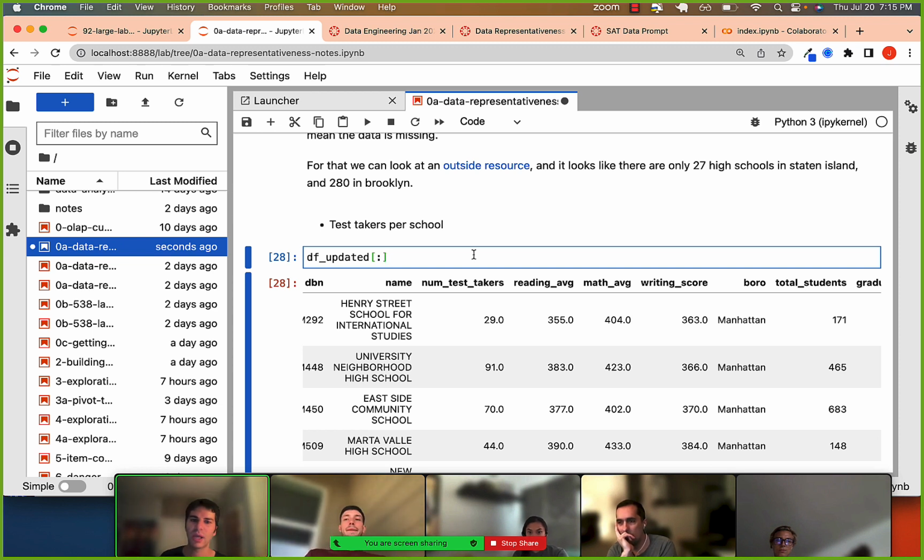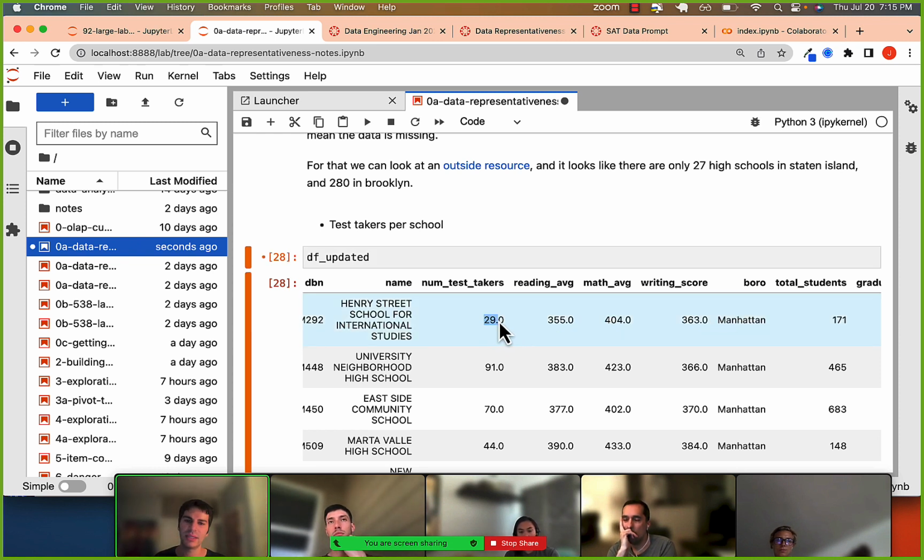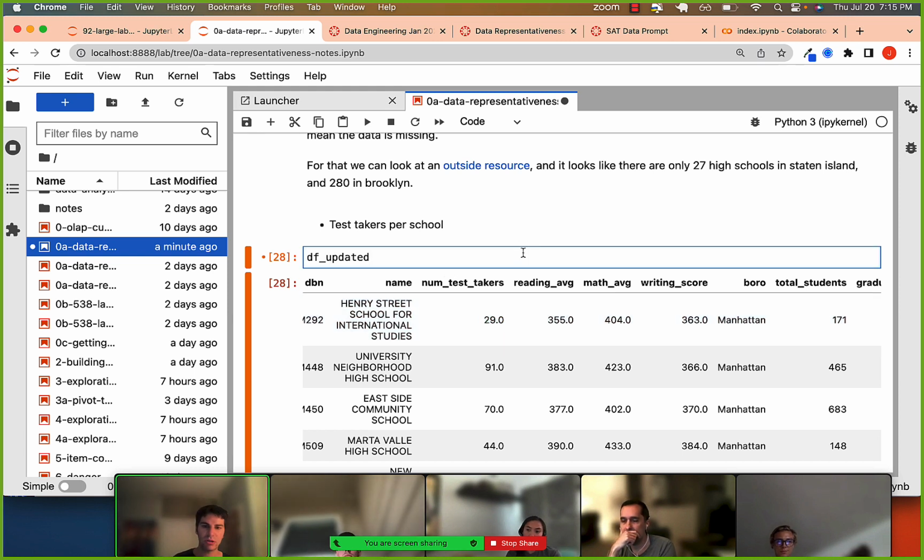But if you're trying to look at overall math and reading performance and using the SAT score as a proxy, well, it's probably the case that more of the top students are taking the SATs, right? Those with more resources, etc. So one thing to look at is, okay, what is the percentage of students that are taking the SAT, maybe across all boroughs? So how do you do that?